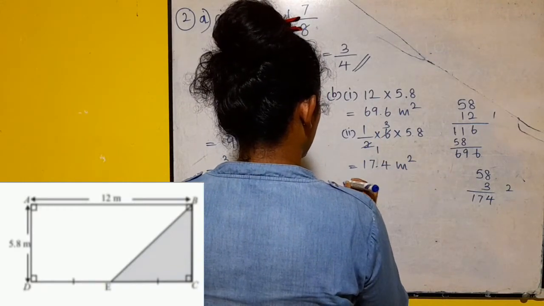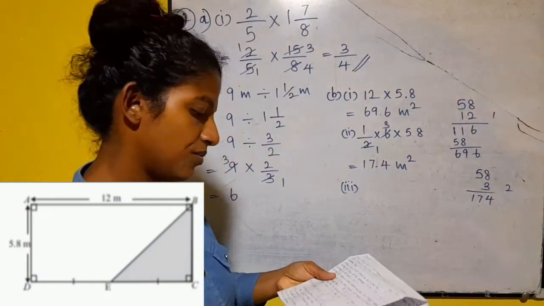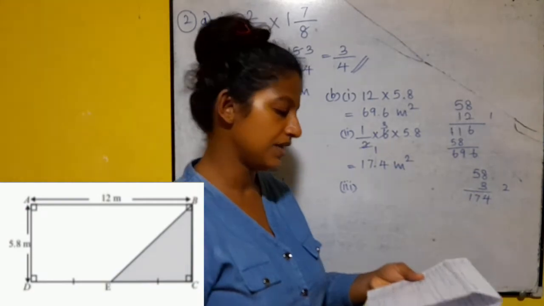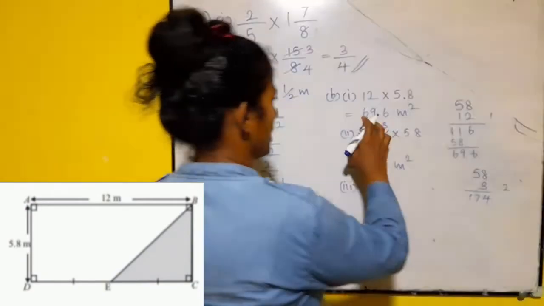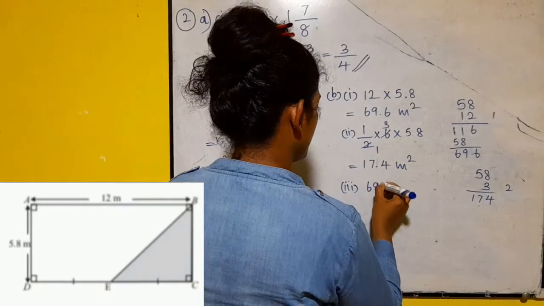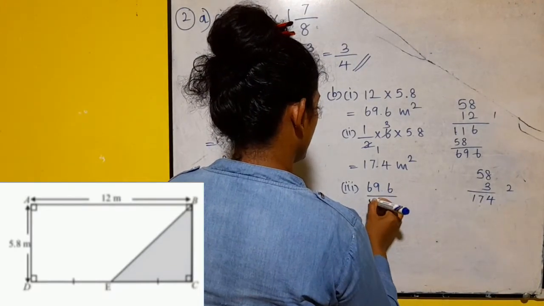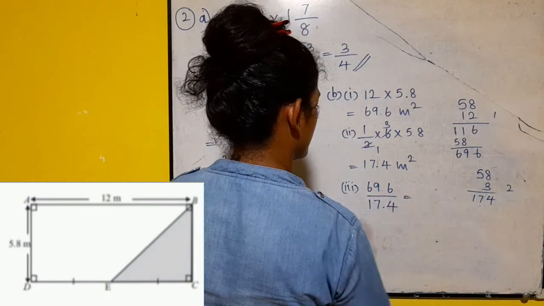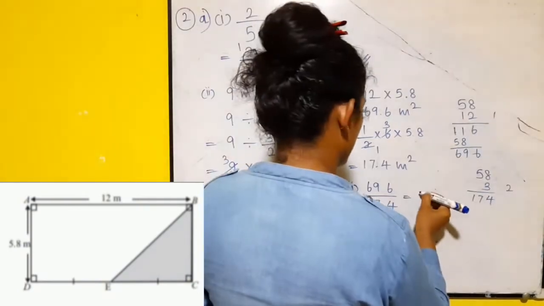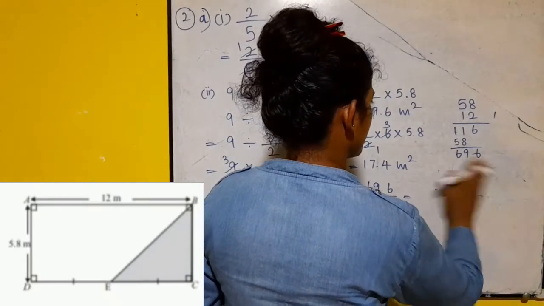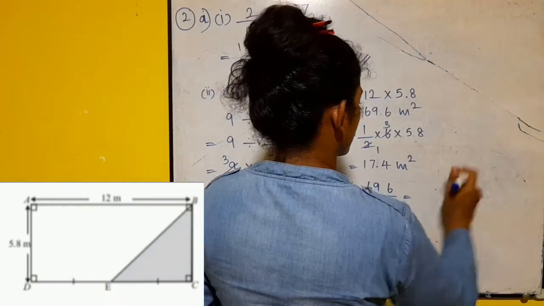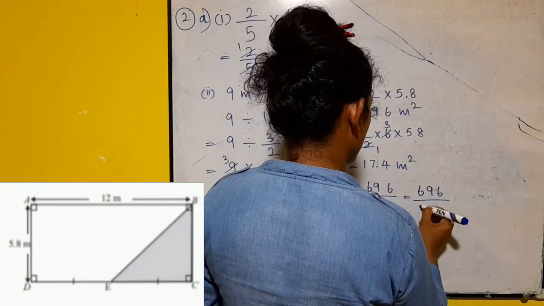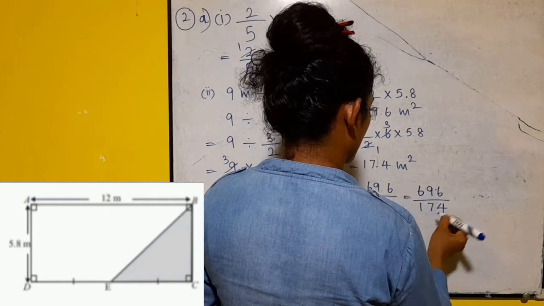In the third question, how many times is the area of the rectangular lawn the turfed area? For that you have to divide 69.6 by 17.4. First we will remove the decimal places here. 696 over 174.